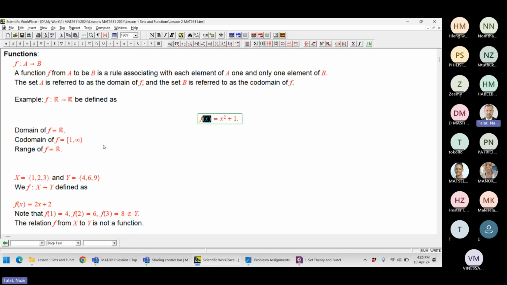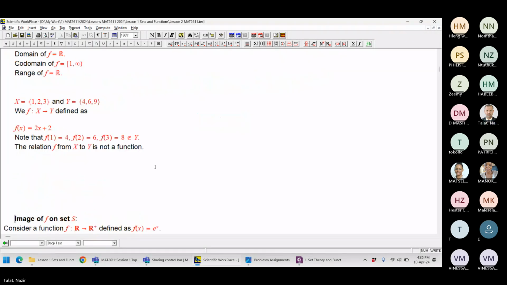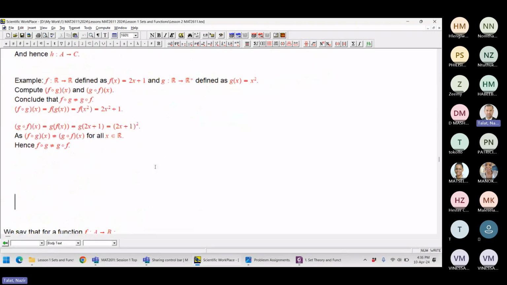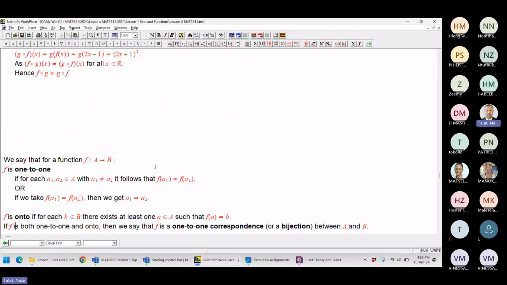So there are several elements for which there does not exist any element in the domain set. So the codomain set of f is not equal to the range set of f. That's why we say that such a function is not onto.